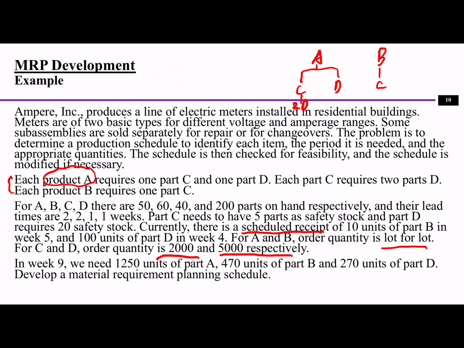So in week 5, 10 units of part B will be here. It's not from the order that I made today. It's from an order from the past, which is not within our scope, but it just counts.